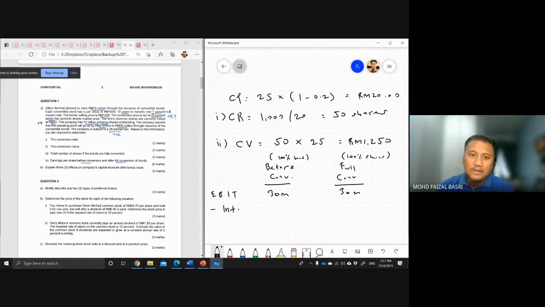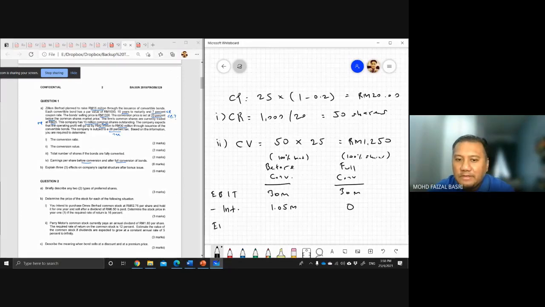So how much interest do we need to pay? The rate of interest is 7%, and they issued 15 million. So 15 million times 7% is 1.05 million. So 1.05 million here. Okay, is there any interest for full conversion? No.